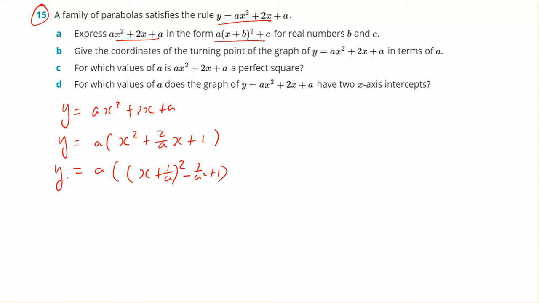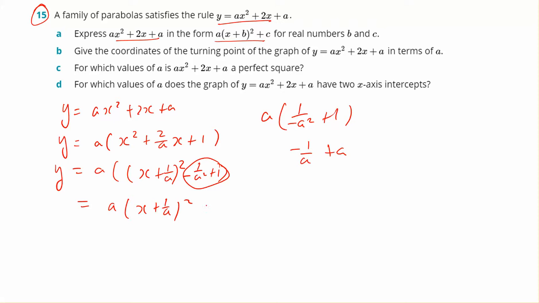So I want to re-expand the bracket. This will become a times negative (x plus 1 over a) squared, and I'm multiplying a by this whole thing. Multiplying a by the negative gives a on negative a squared, which gives you negative 1 over a, and when I multiply 1 by a, I get a.